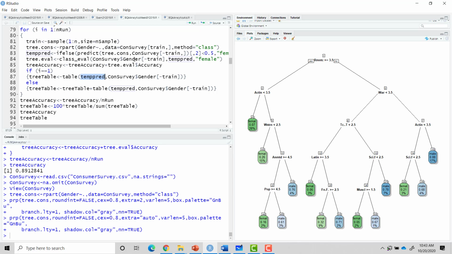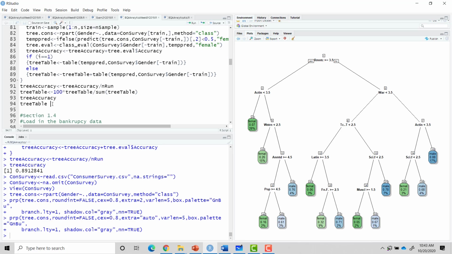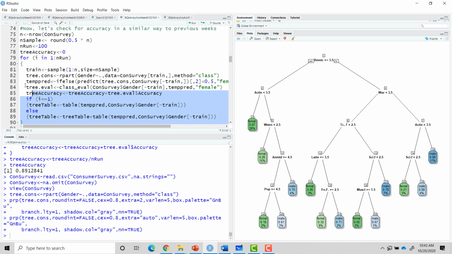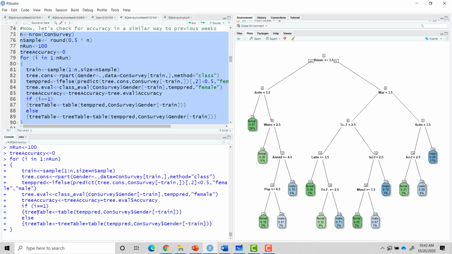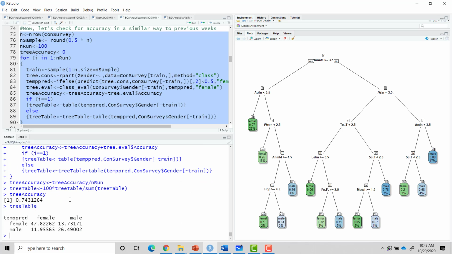We get the accuracy using my class eval. We get the table using the table function. We add them all together and we divide by the number of runs. Okay, so you can see on average we get a prediction of 75%.